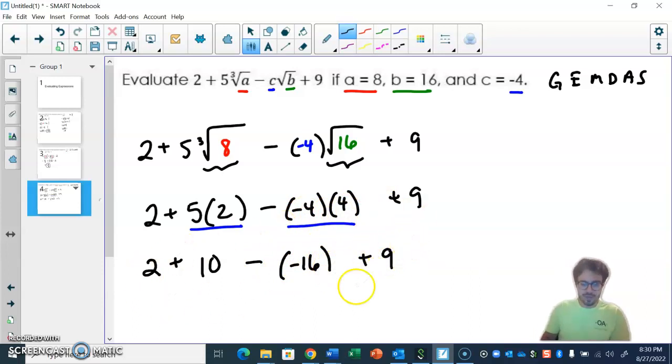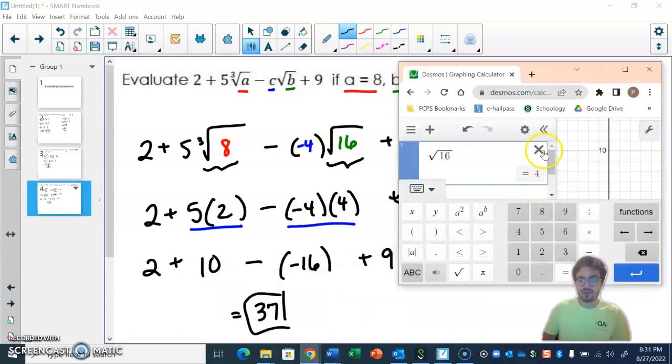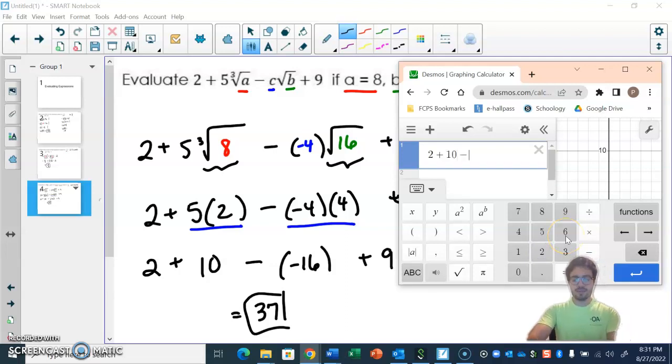Okay, let's put all this together. 2 plus 10, 12 minus -16. That's 28. Plus 9 is going to give us 37. If you need to use a calculator, we can put it all in. 2 plus 10 minus -16 plus 9, 37.